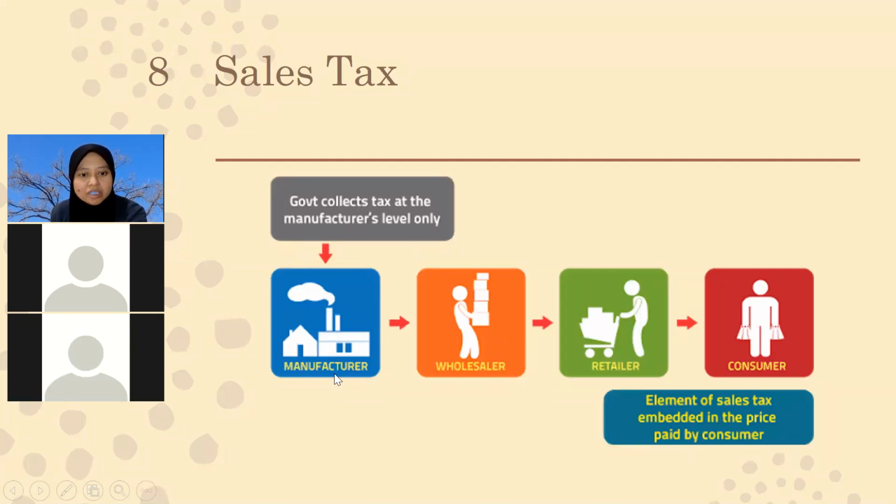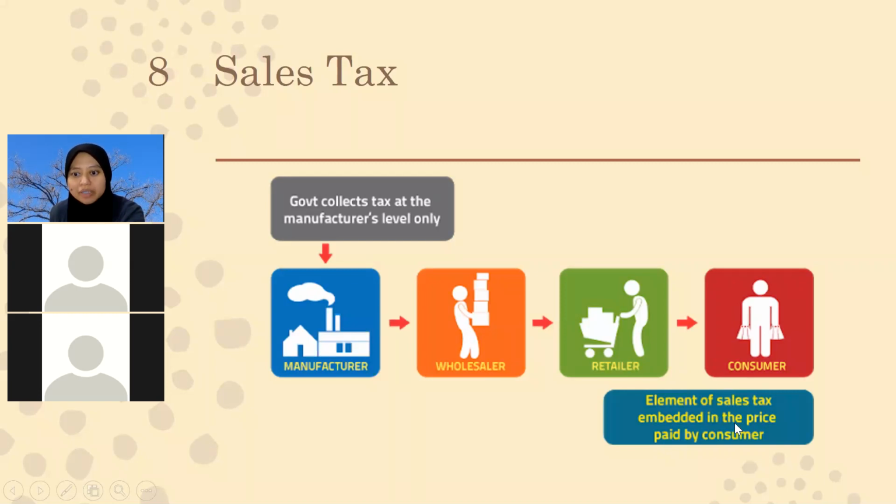The manufacturer will impose tax on the wholesaler, so the tax will be embedded in the price. And then the wholesaler will sell to the retailer, of course at a profit, but the cost to the wholesaler is inclusive of the sales tax. So at the end, the tax is embedded in the price paid by the consumer.